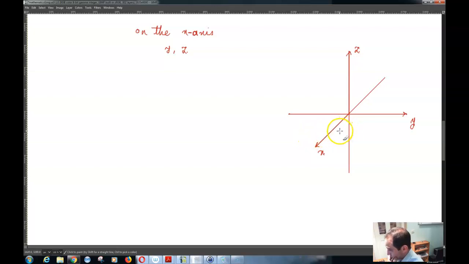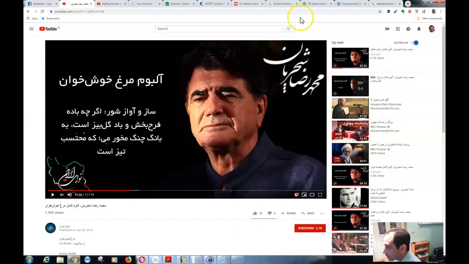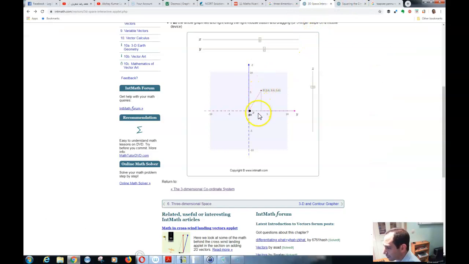As you can see, if your point is on the x-axis, you will have 0 intercept on the y-axis, 0 intercept on the z-axis, meaning that if your point is along the x-axis, your y-coordinate is 0, your z-coordinate is 0.